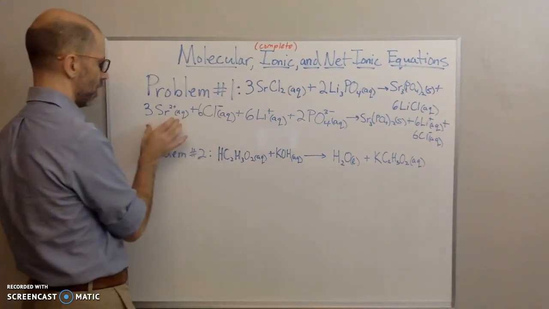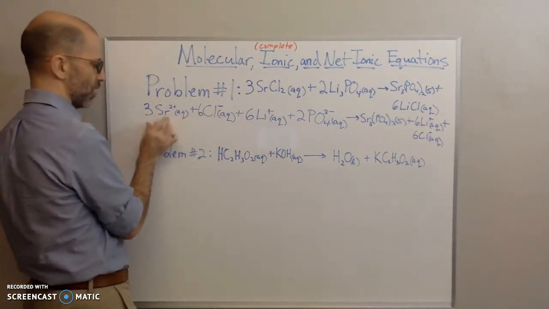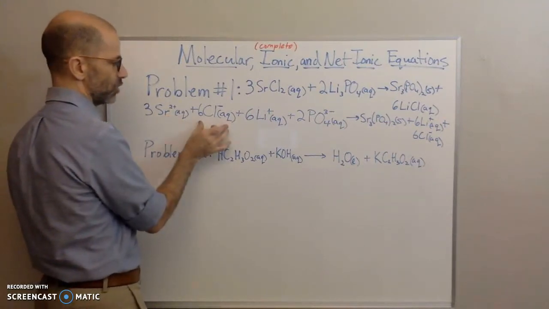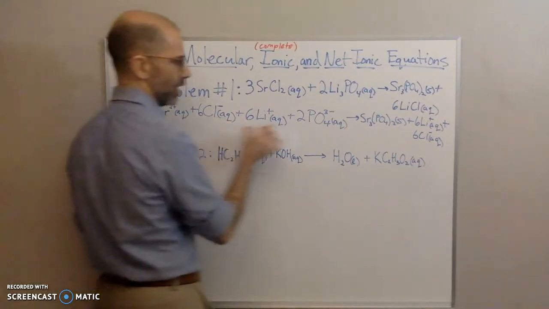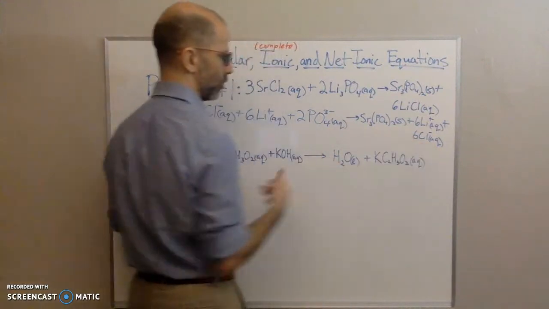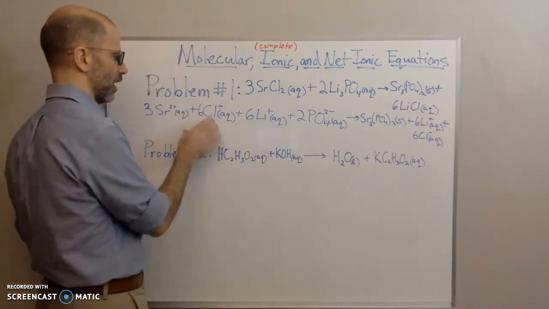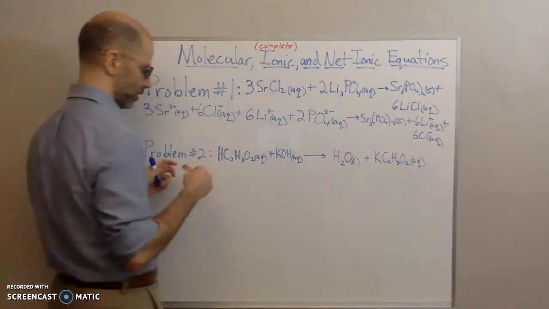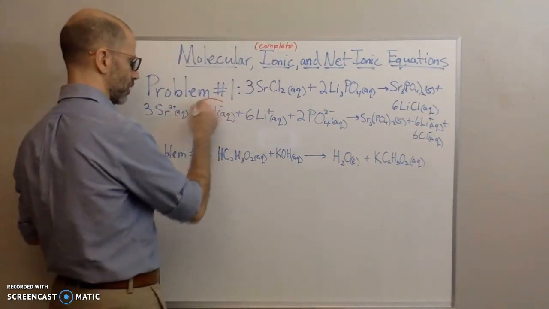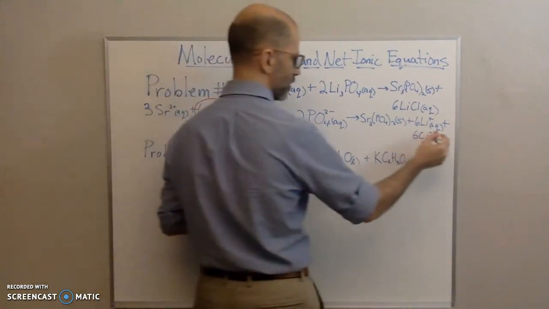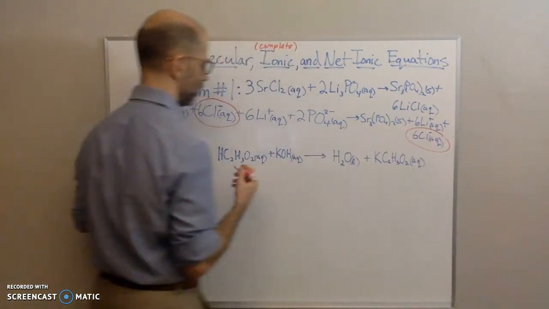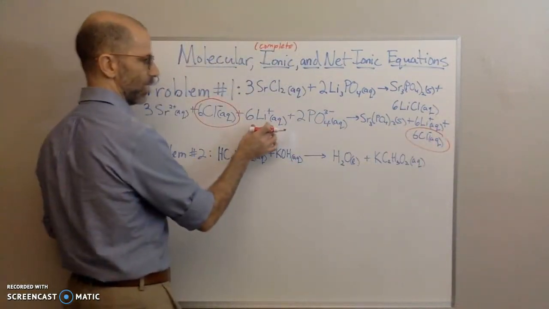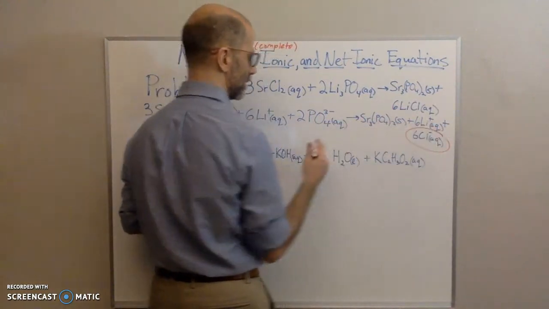So you have strontium here, that's a player. You have 6 chloride ions aqueous, and you have 6 chloride ions aqueous. So they're not doing anything. They are floating in solution before, and they're floating in solution after. So these are spectator ions. And you have 6 lithium aqueous, and 6 lithium aqueous.